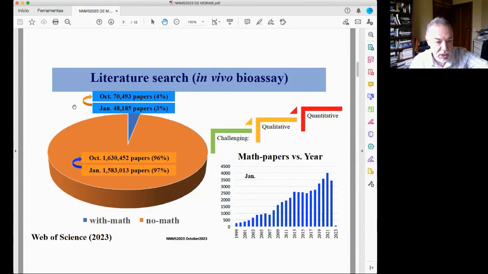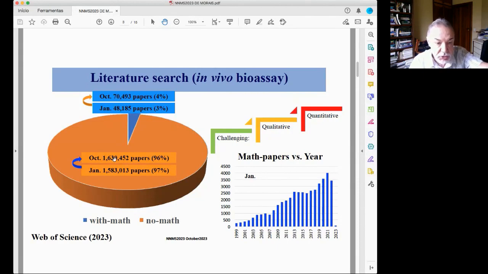So here you can see the numbers. In January, we have a little bit over 1.5 million papers published in vivo bioassay. And 3 days ago, I found an increase of perhaps close to 70,000 papers added.